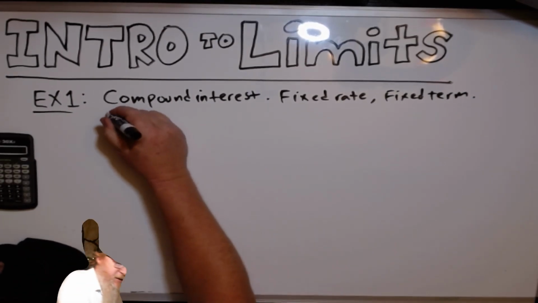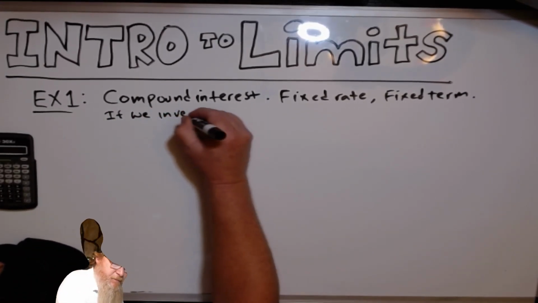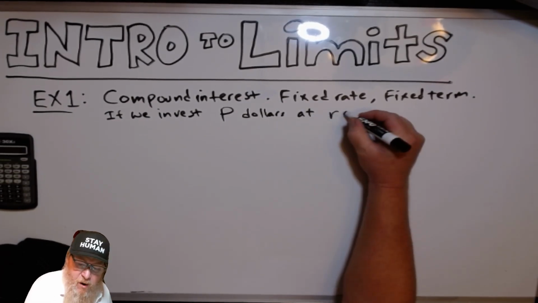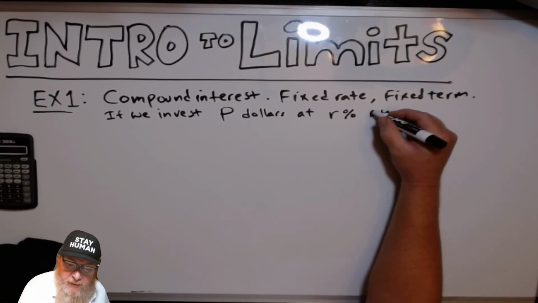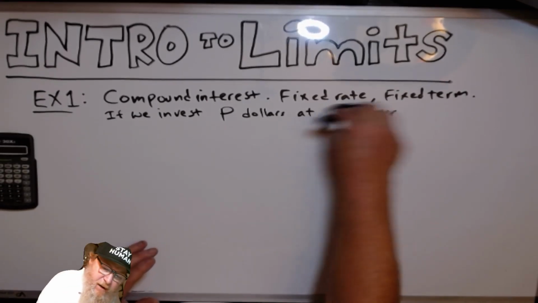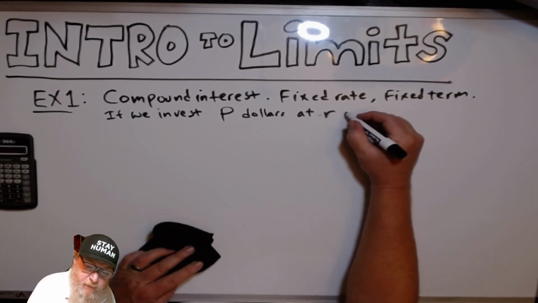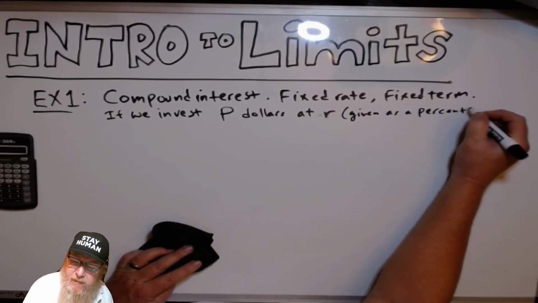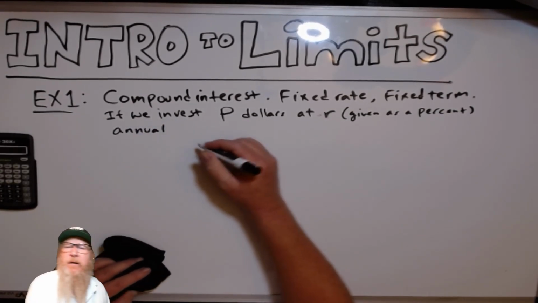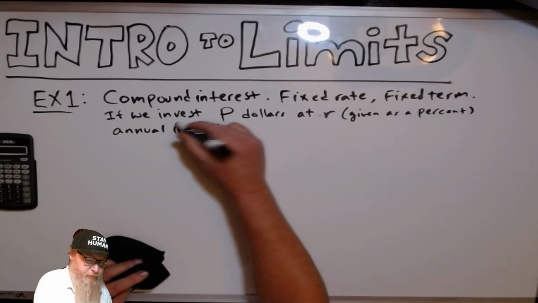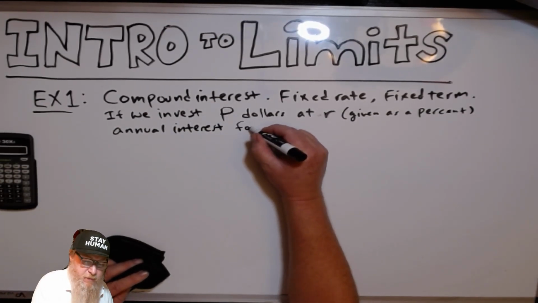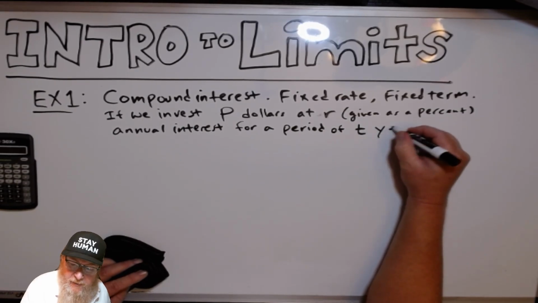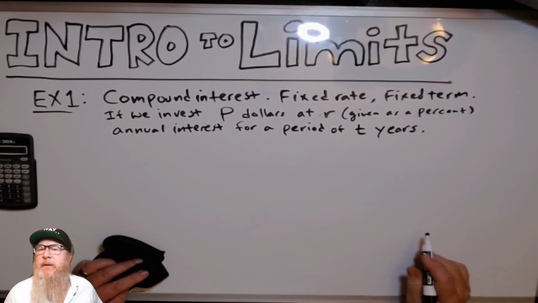So if we invest P dollars, it's called the principal, at R% interest, I will just write R, given as a percent, annual interest, for a period of T years. That's called the term, or the period.